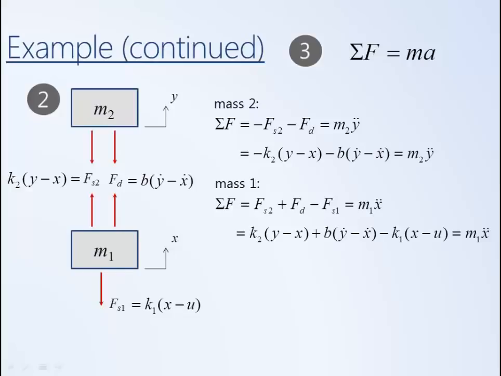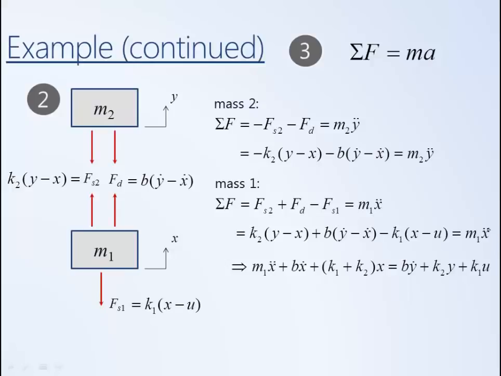Typically, it's common to rearrange the equations into a form such that all of the like terms are on the same side. So for example, all of the y terms are on one side and all of the x terms are on the other side. So if we do that for the governing equation for mass 1, we get something that looks like this.